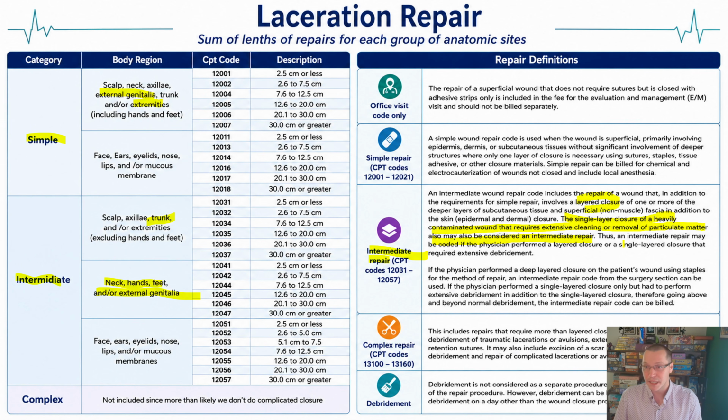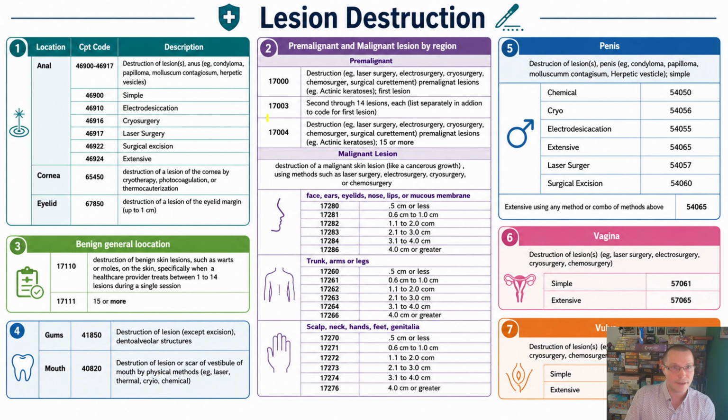It can also be if there's a lot of cleaning involved in your injury. For FQHCs, that might happen a lot more often where you may have a homeless population and you're dealing with, I guess, unhoused population. Sorry about that. That you may want to use the intermediate code more often once you're doing more extensive cleanings. So that way you're properly showing the level of work that you're doing.